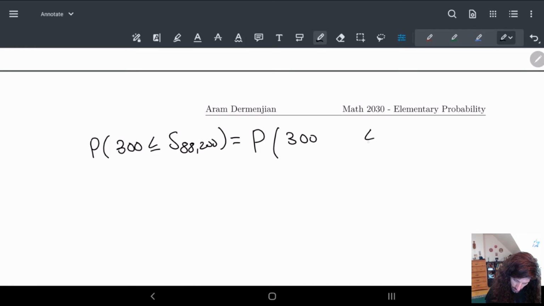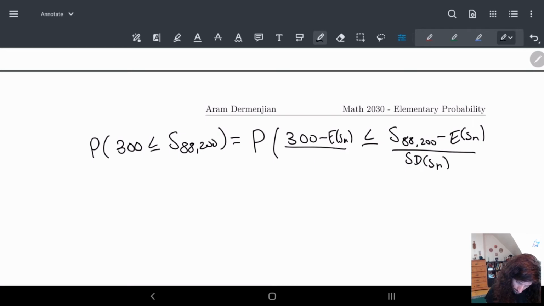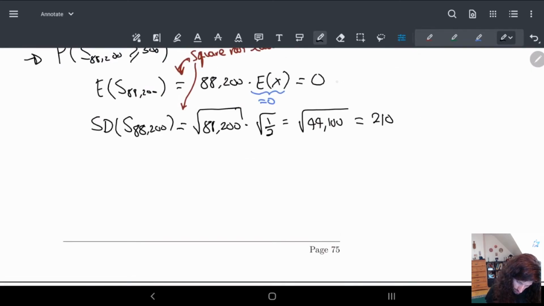So let's see what we need to do. I do need S of 88,200. Was it minus? I think it's minus. Yeah, minus the expected value of Sn. So here I should do it minus E of Sn. And then I need to divide by the standard deviation of Sn. So 300 minus E of Sn, this is just 0.